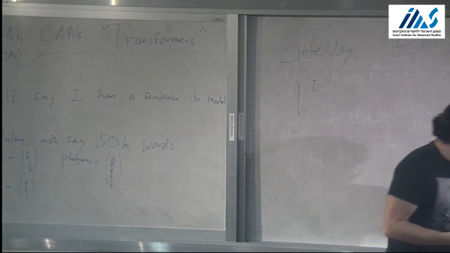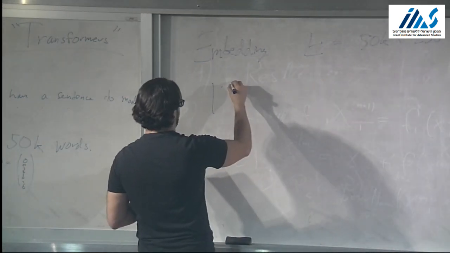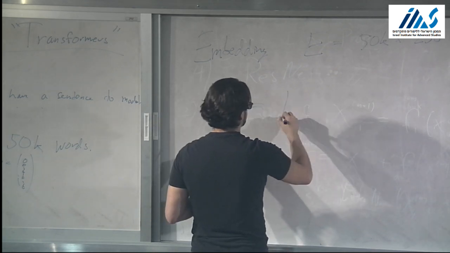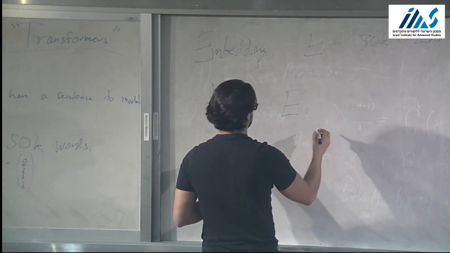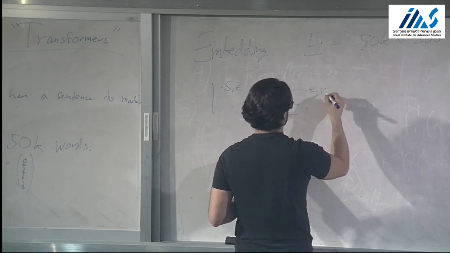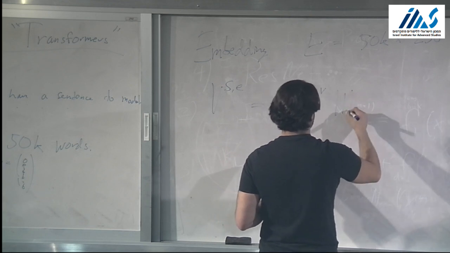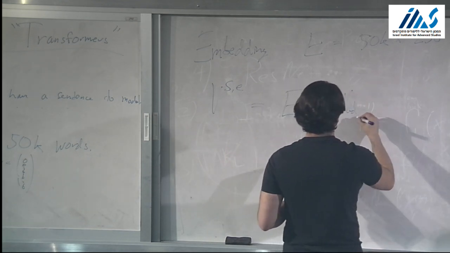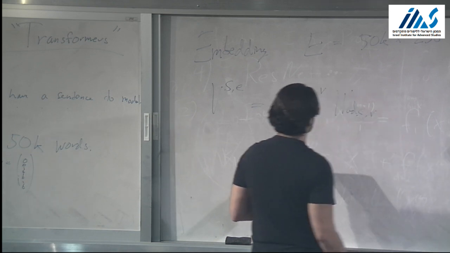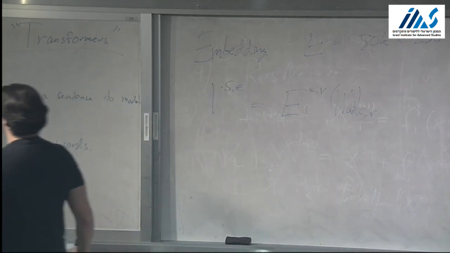Actually, let me write this in a more intelligent way. V_{S,E} is the embedding matrix E_{E,V}, where V is for vocab, times the one-hot vector of the word, W_{S,V}, where S is just some position.